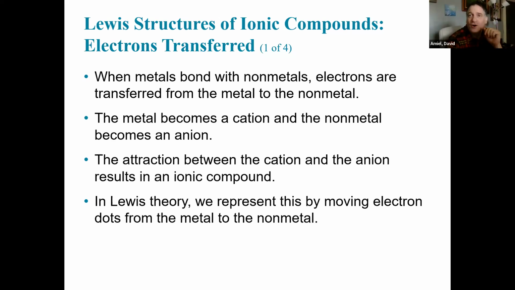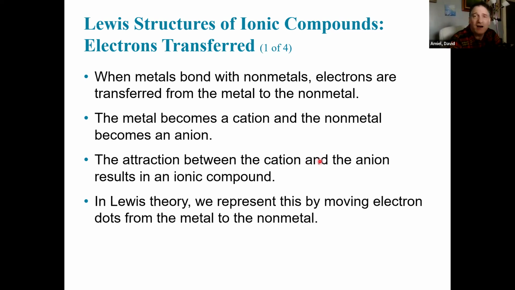The second type is called a covalent compound, in which the electrons are shared. And we'll see in the ionic bond, the electrons are donated. That's the difference. And they have 2 different ways of representing the Lewis structure.